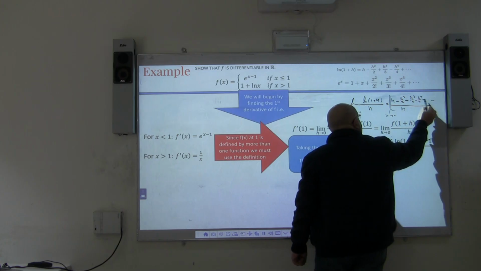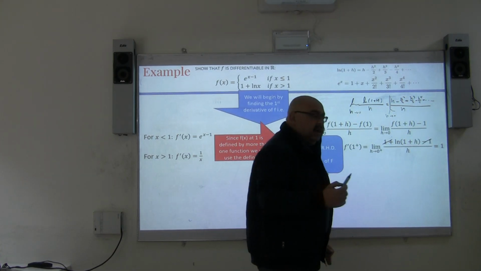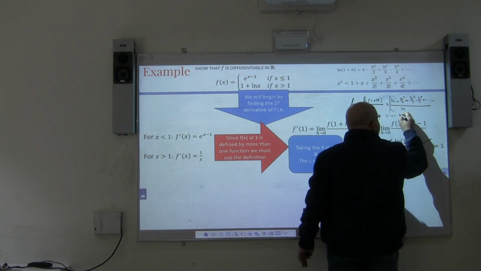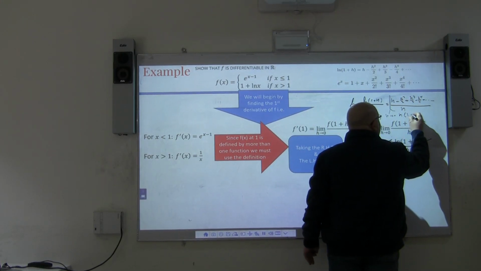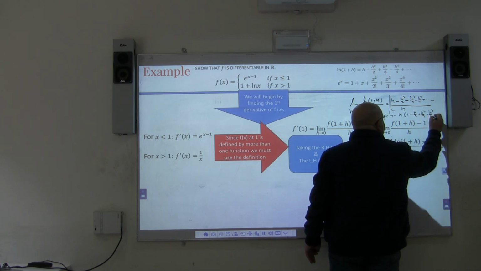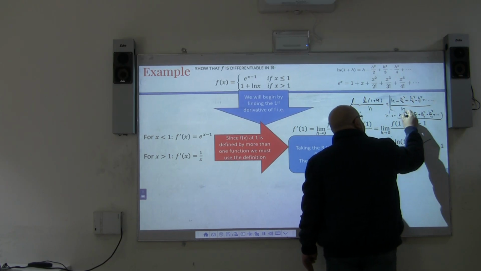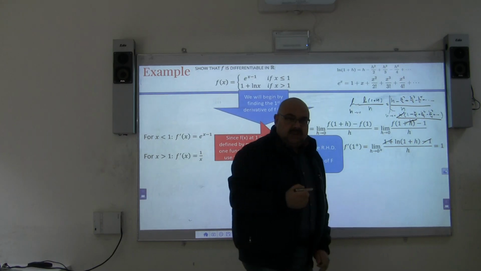As you can see, I can take h as a common factor from all terms. If you take h as a common factor, you will have h times (1 minus h over 2 plus h squared over 3 minus h cubed over 4 plus and so on), all divided by h. Then the h's cancel with each other.